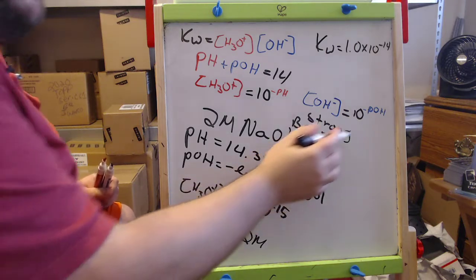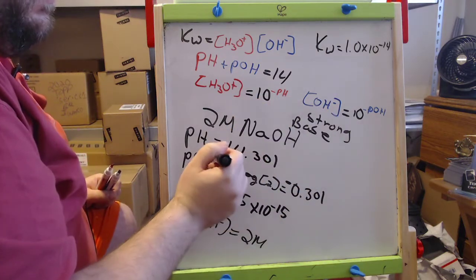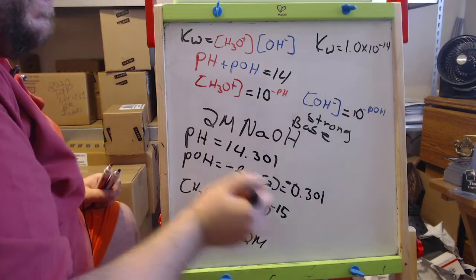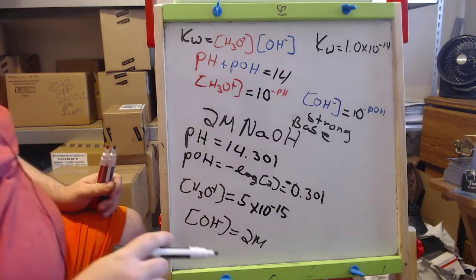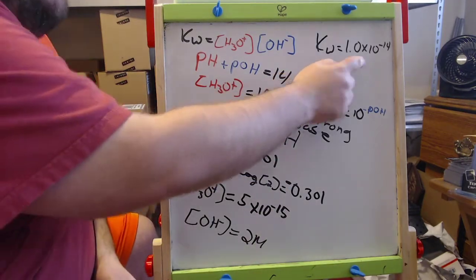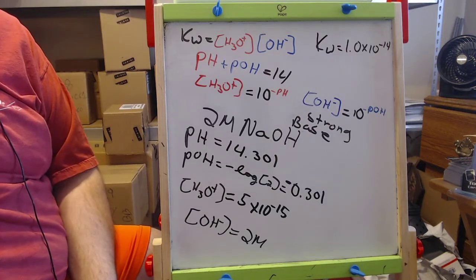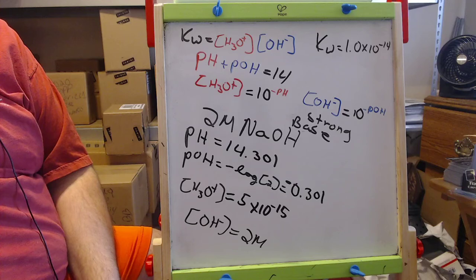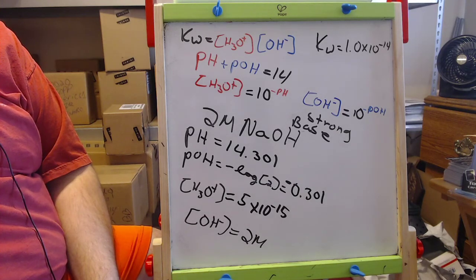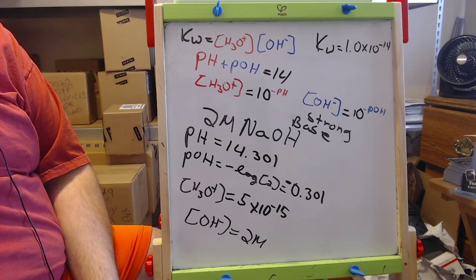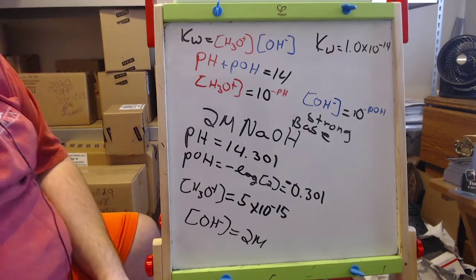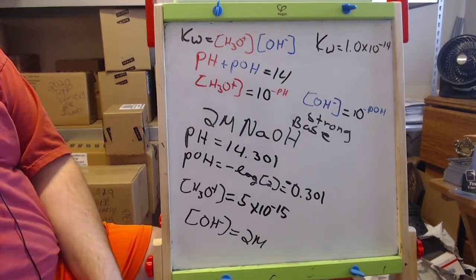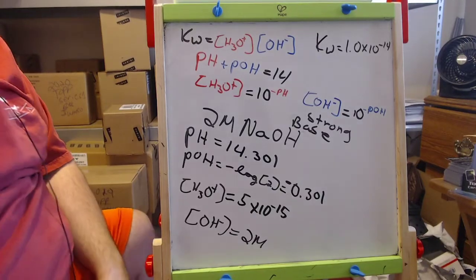And I used this trick over here, 10 to the minus pH, and got that value. But if you take 1.0 times 10 to the negative 14th and you divide it by 2, your answer should still be the same, and it is 5 times 10 to the negative 15. So both ways are acceptable.